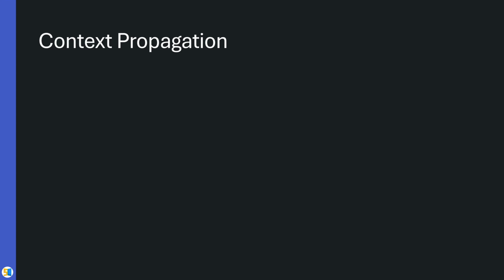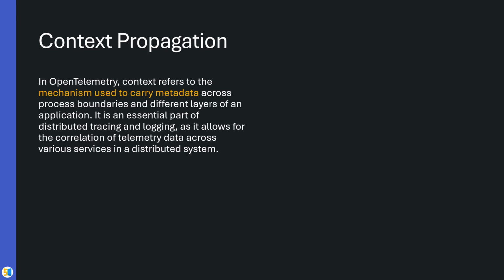Now, before that, I will show you about context propagation. In OpenTelemetry, context refers to the mechanisms used to carry metadata across process boundaries and different layers of an application.